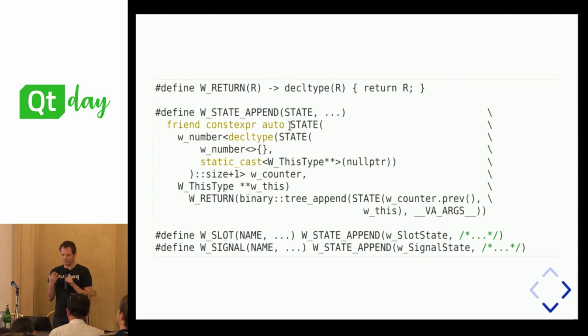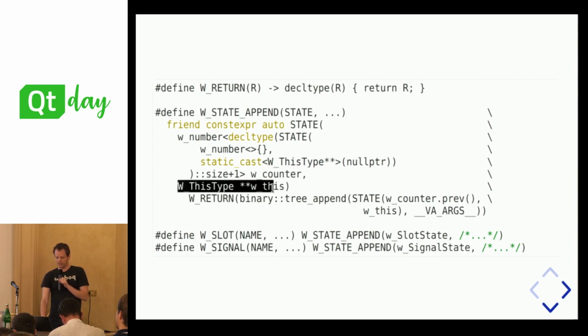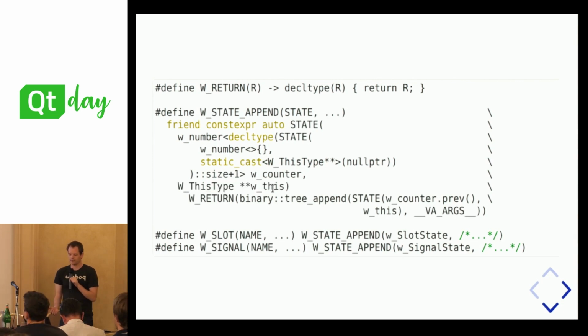We've already declared a function with slot state previously in the WObject macro. But what are going to be the arguments of the state? The second argument will be a pointer to the type. This type was also declared in the WObject macro.